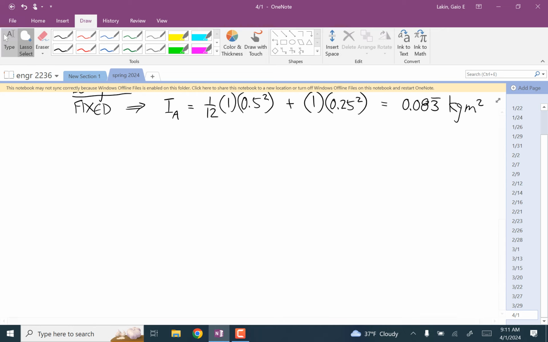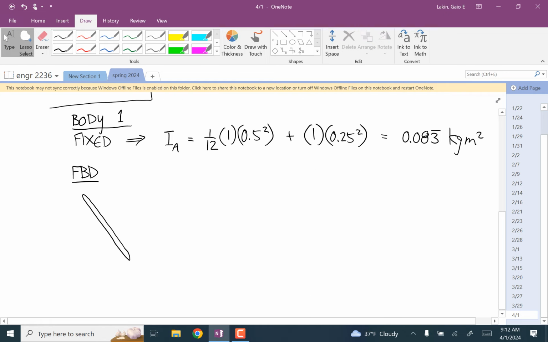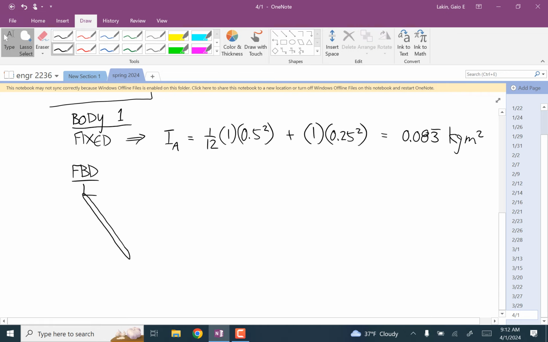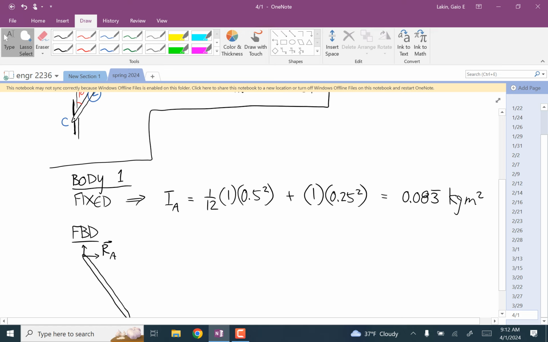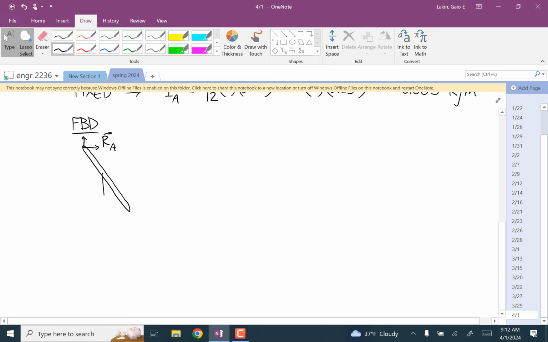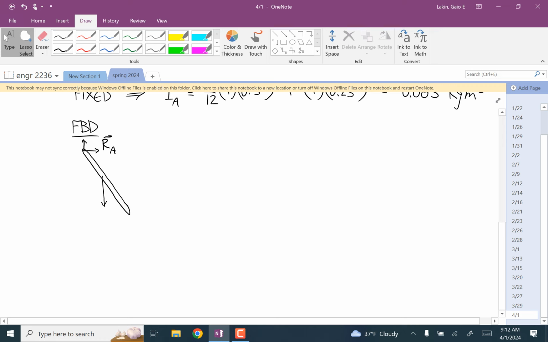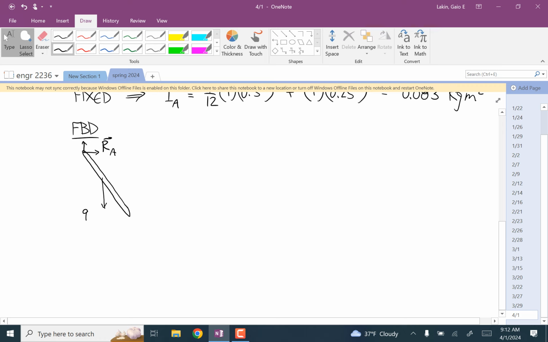And now the free body diagram. We have an unknown reaction force up here. I'll call that RA. We have a weight at the middle. That is 9.81 newtons.